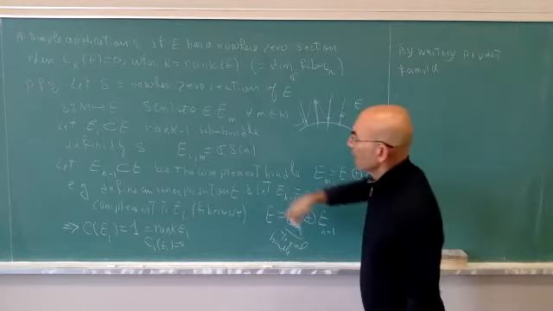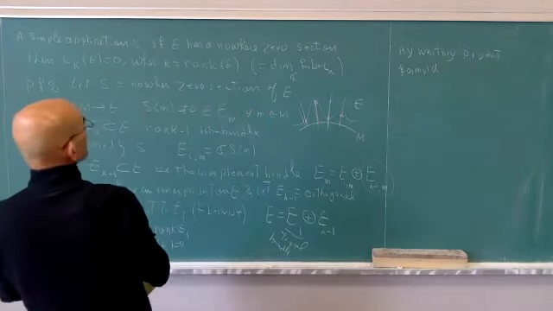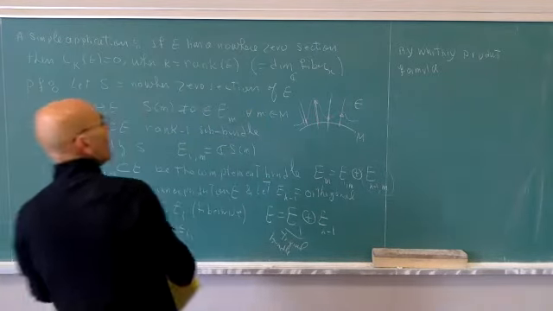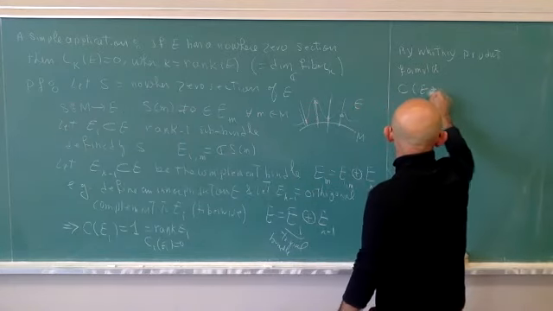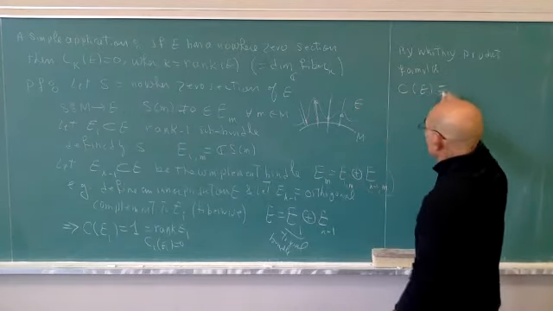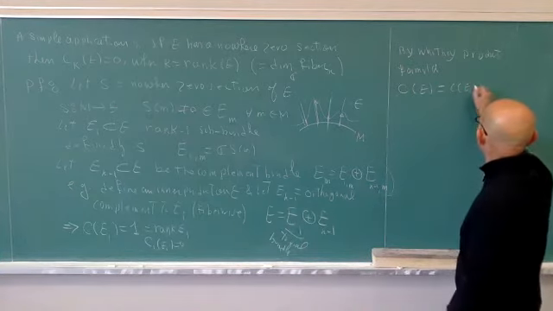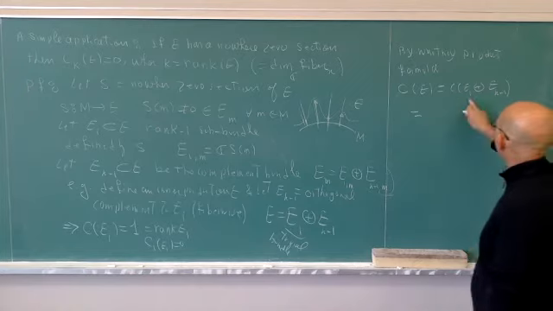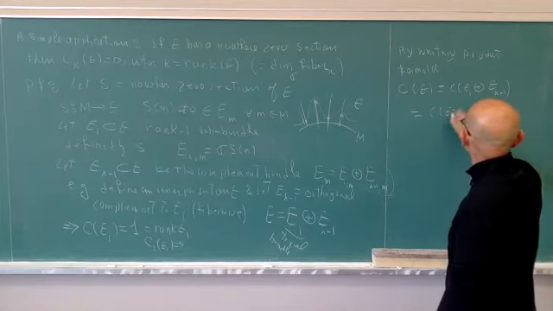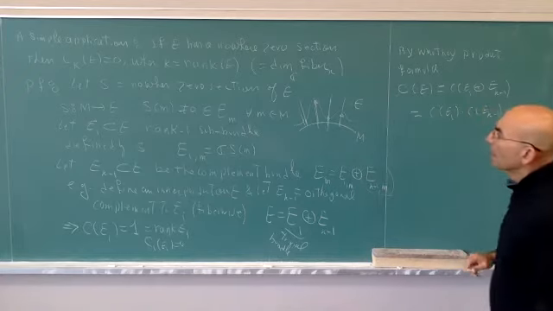The total Chern class C of E is equal to C of E1 direct sum E_{k-1}, which is equal to C of E1 times C of E_{k-1}.